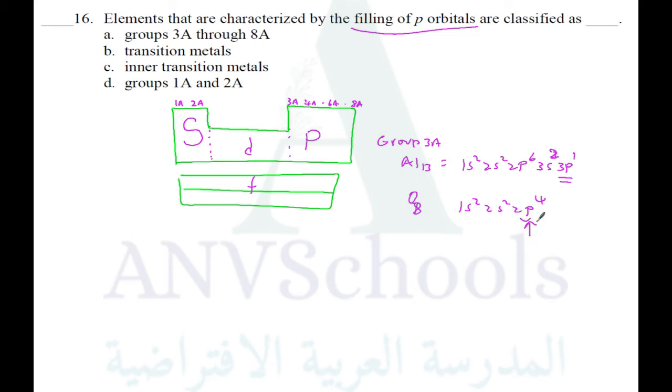If you take elements from group 3A, 4A, 5A, 6A, 7A, 8A, especially 8A completely fills the p orbitals, while the others from group 3A through 7A partially fill the p orbital. So group 3A through 8A is correct.